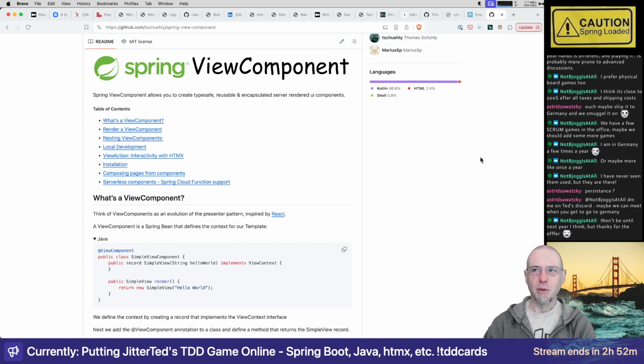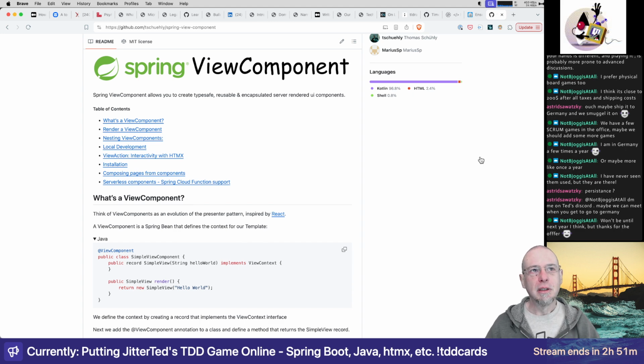There are aspects where I want to keep Spring at arm's length, so this doesn't quite fit for me.